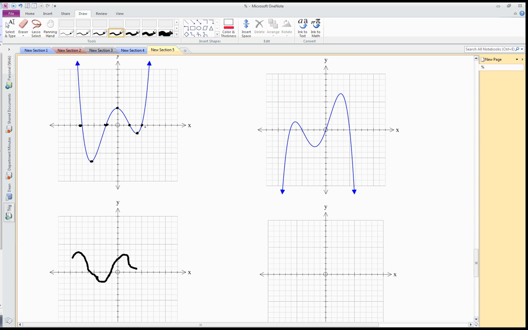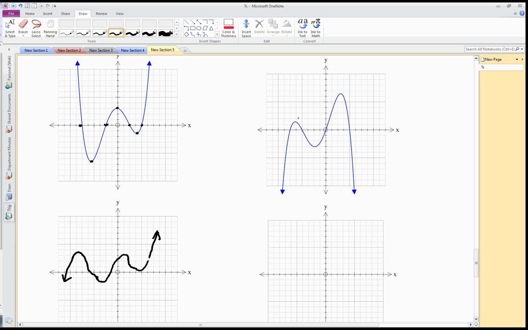At that point here, again, I've got another zero, which means I must have another turning point, and then it just keeps on going very highly positive, and this one here goes very highly negative. So I've got 1, 2, 3 turning points. This now I've got 1, 2, 3, 4 turning points. This one here is a power of 4 graph. This one here would be a power of 5 graph.